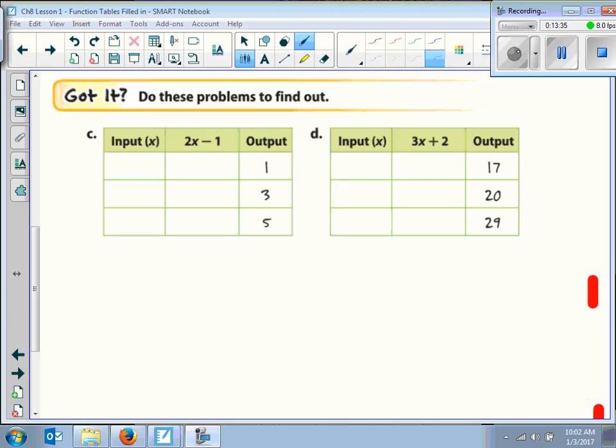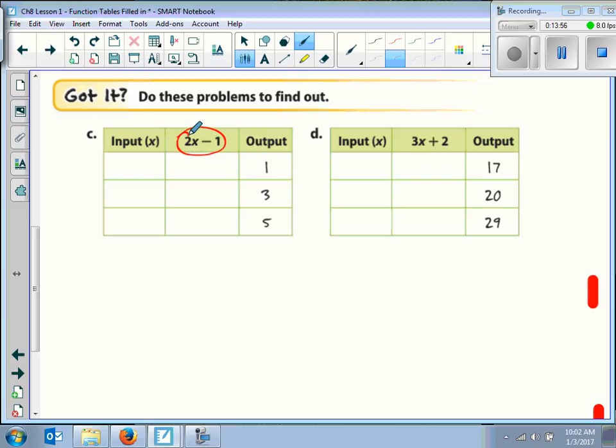Okay. All right, so here we want to find the x values again. And they're giving us the function rule. What's the function rule for example C? 2x minus 1. There is your function rule.